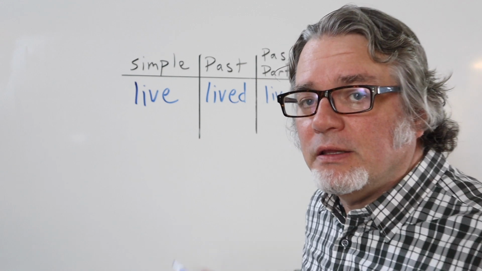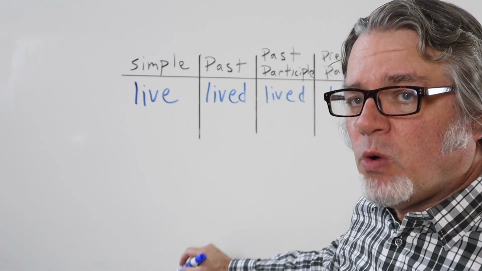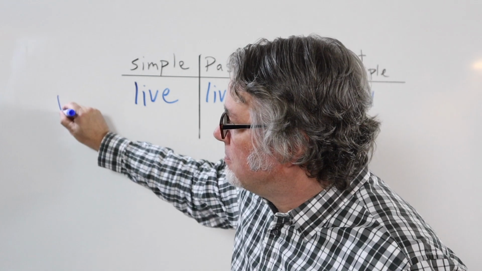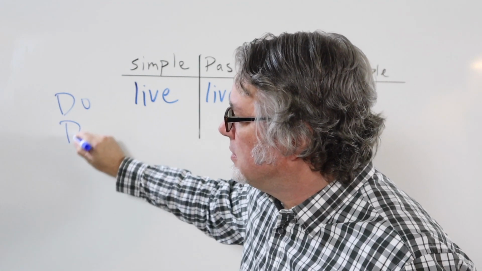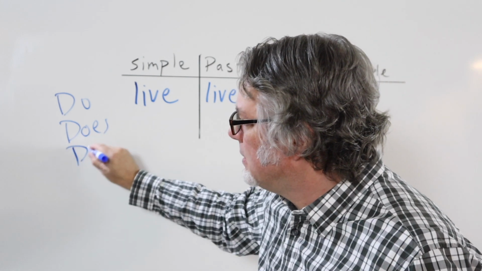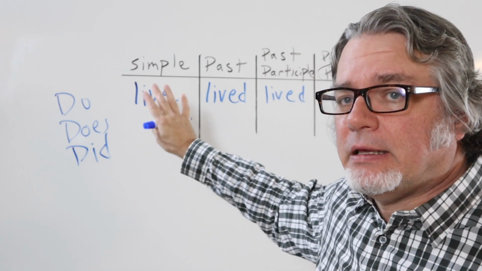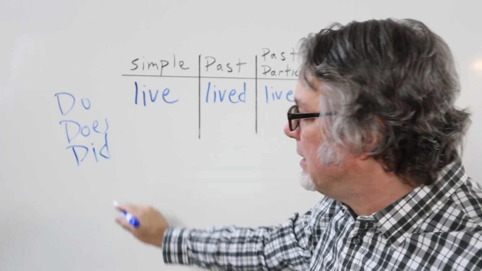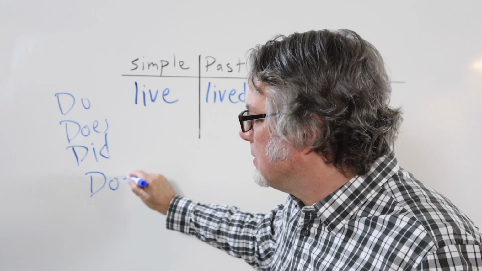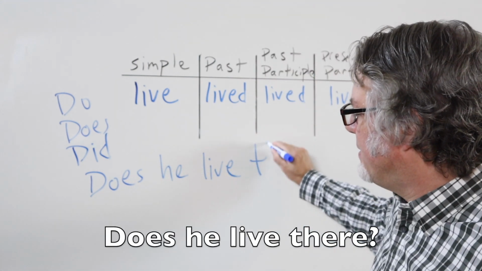Here's the verb live in the simple form. To make a question, you can use do, does, or did, and then subject, and then this verb. Does he live there?